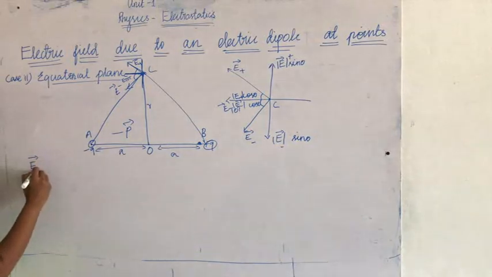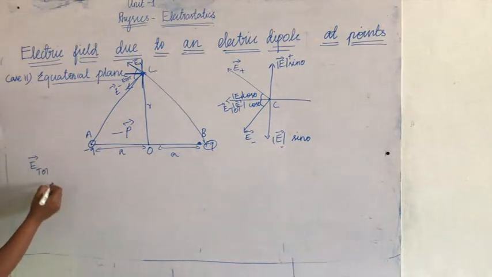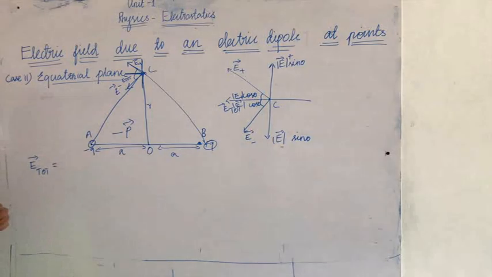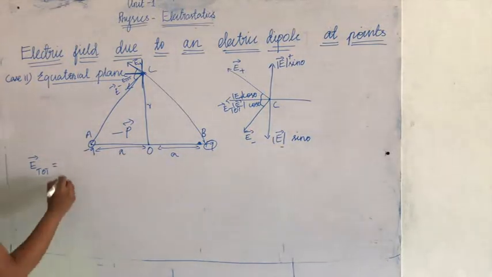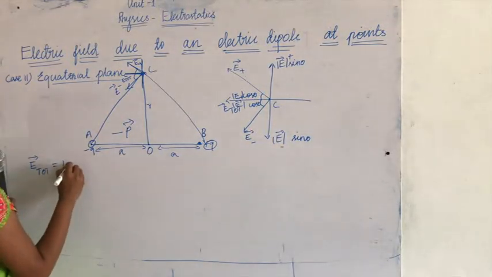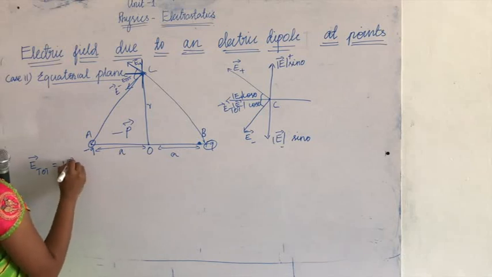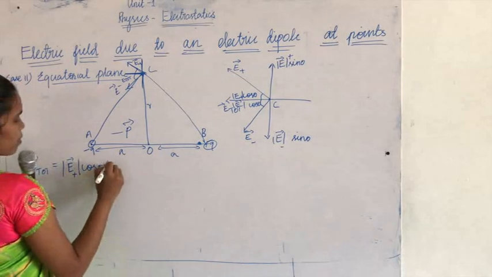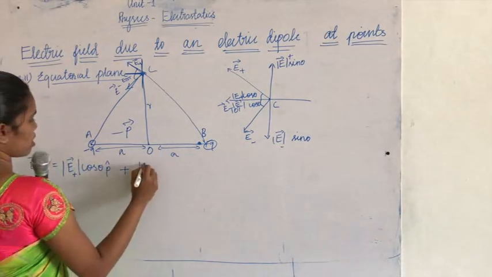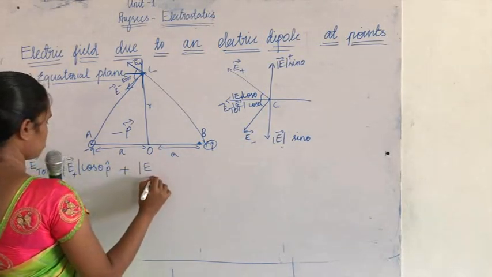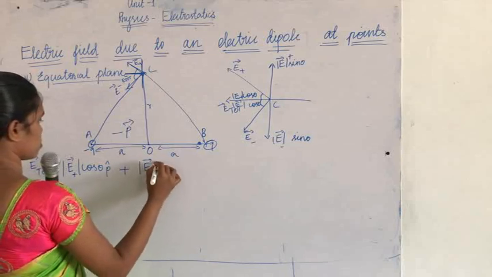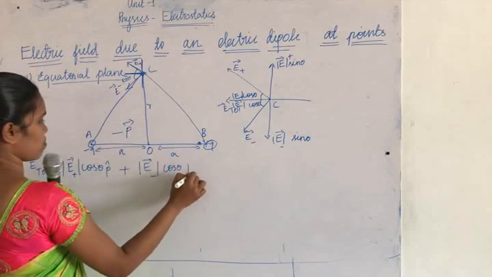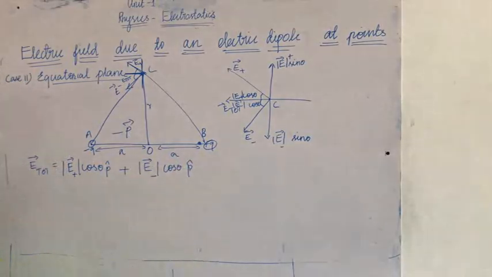E total vector equal to magnitude of E plus vector cos theta E cap plus E minus vector cos theta E cap.